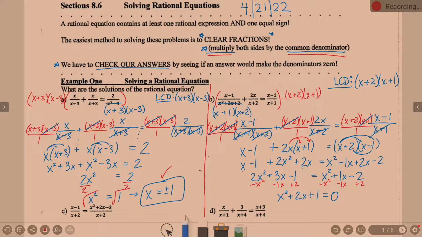The good news is this is doable. You know what to do? Do you remember? How do we solve? Because we are going to solve.